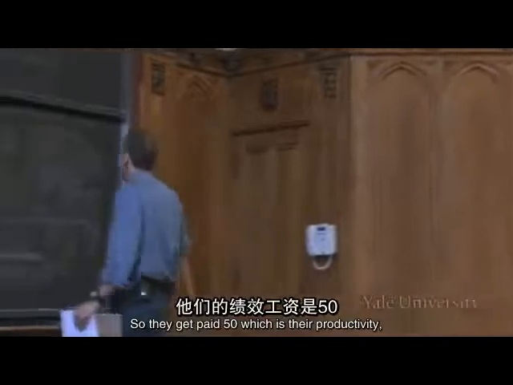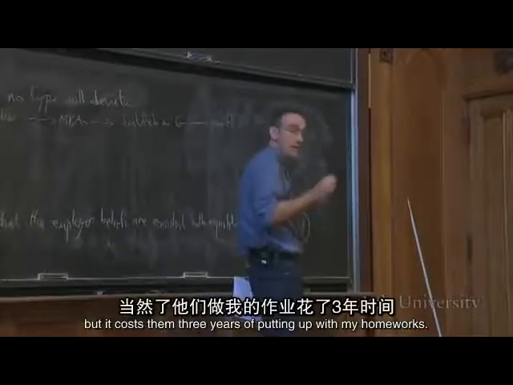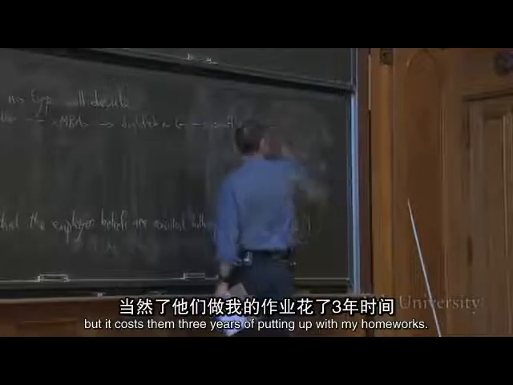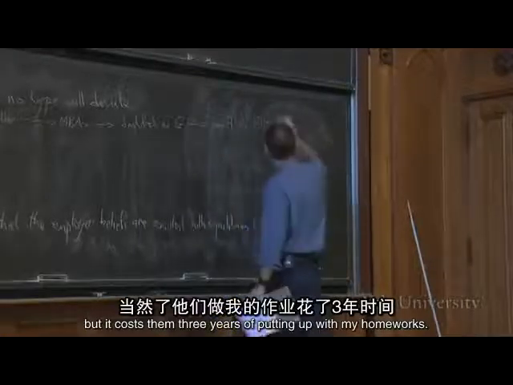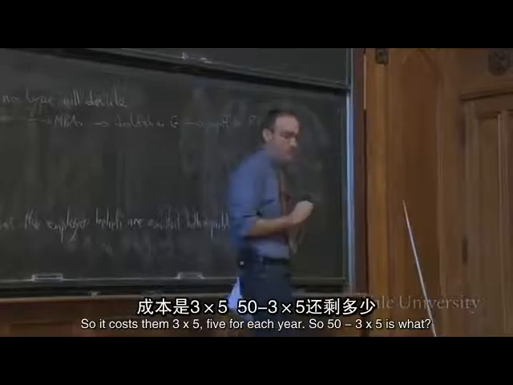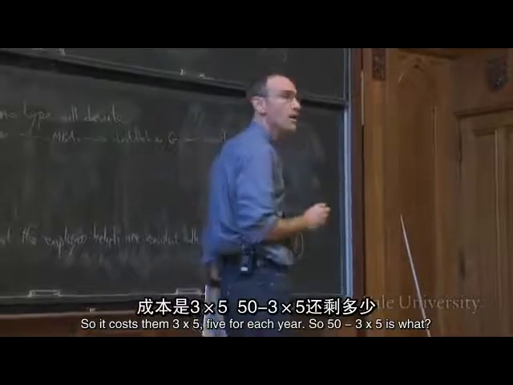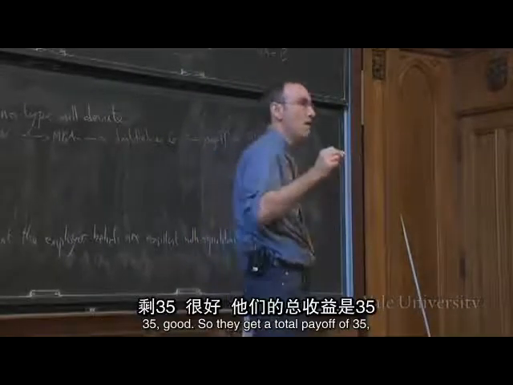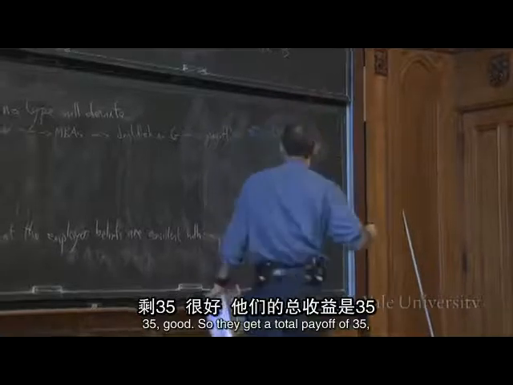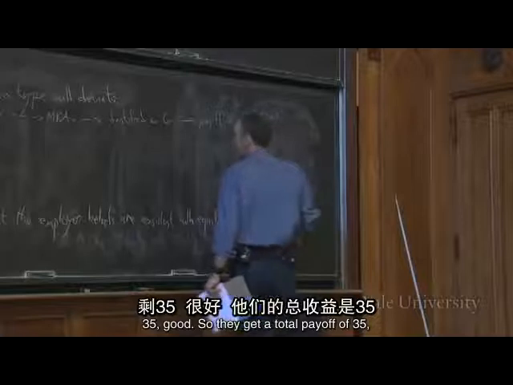So they get paid 50, which is their productivity, but it cost them 3 years of putting up with my homeworks, so it cost them 3 times 5, right? 5 for each year, so 50 minus 3 times 5 is what? 50 minus 3 times 5 is 35, good. Okay, so they get a total payoff of 35, all right?